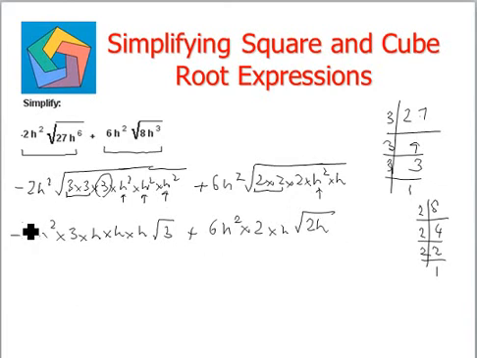So negative 2 times 3 is negative 6. h squared times h times h times h is h to the power of 5 square root of 3, plus 6 times 2 is 12h³ square root of 2h.